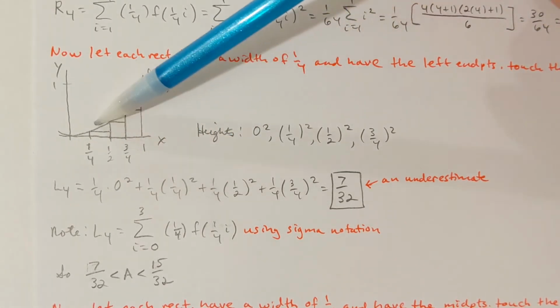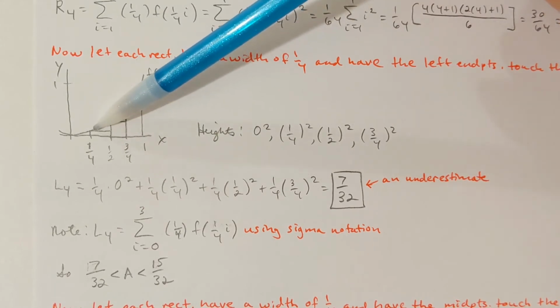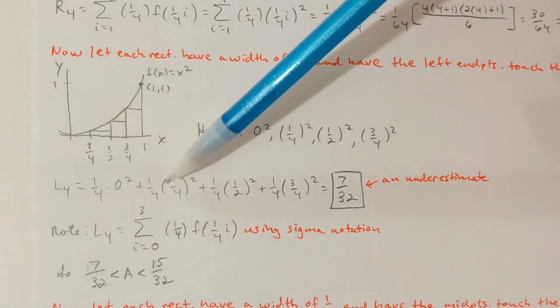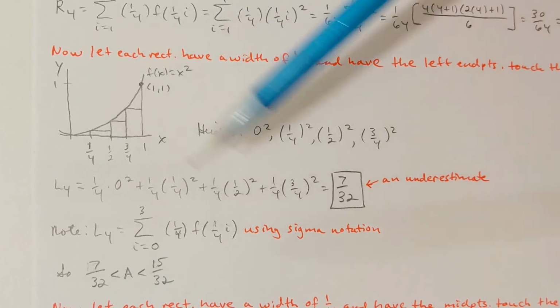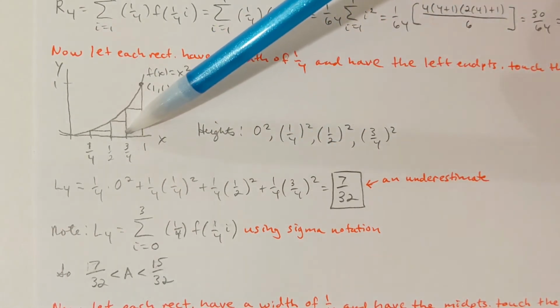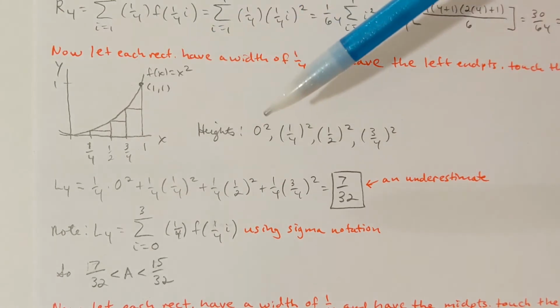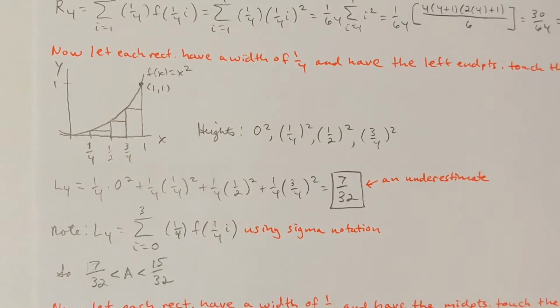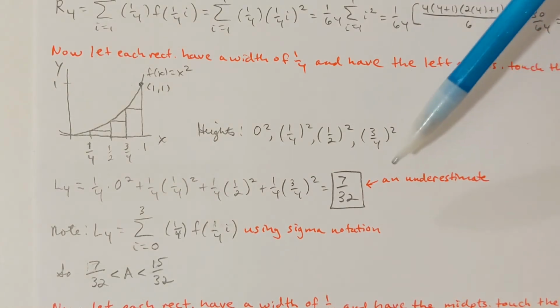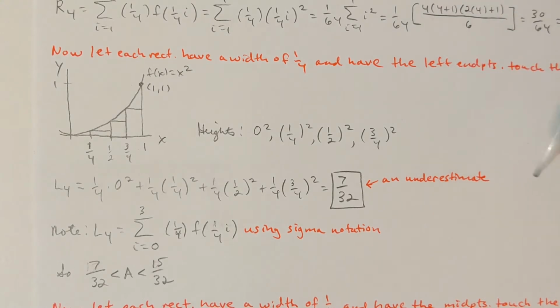The area of the next rectangle would be 1/4 times 1/4 squared. The area of the next one would be 1/4 times 1/2 squared. And the area of the last one would be 1/4 times 3/4 squared. If you add all this together, I was getting 7 over 32 as the total area, which is an underestimate.